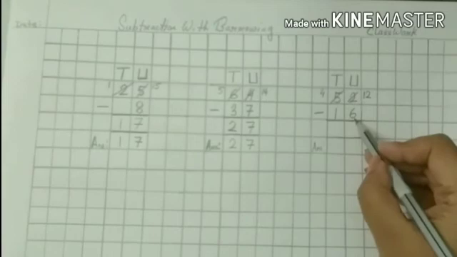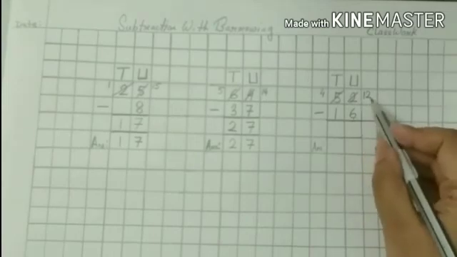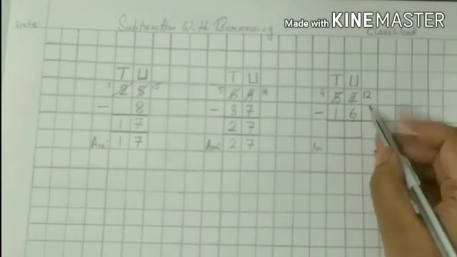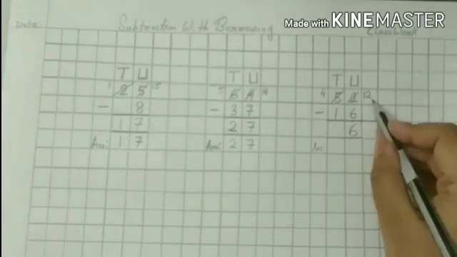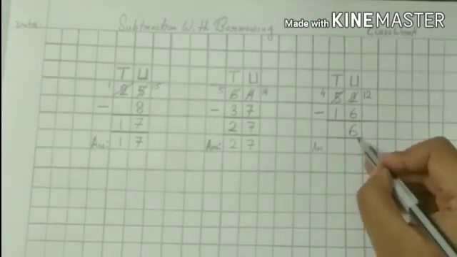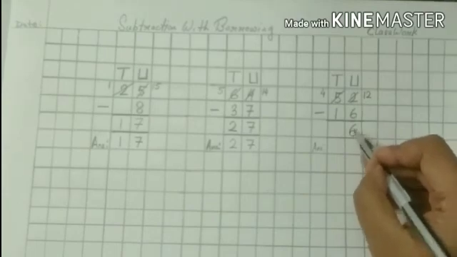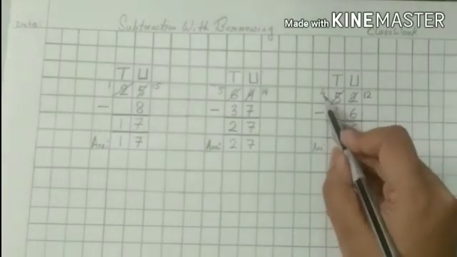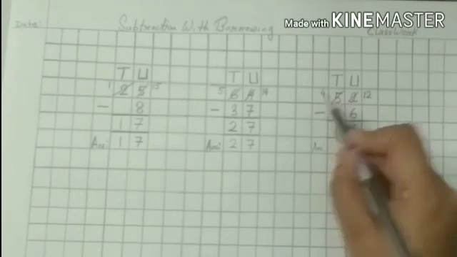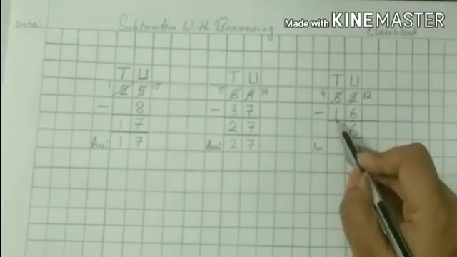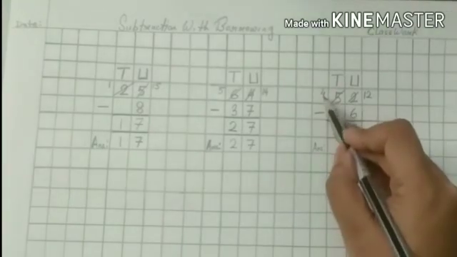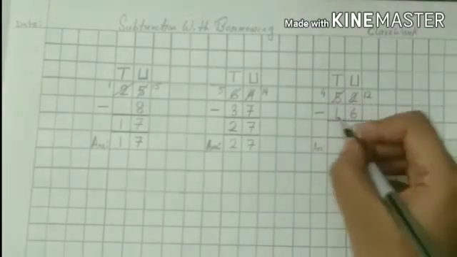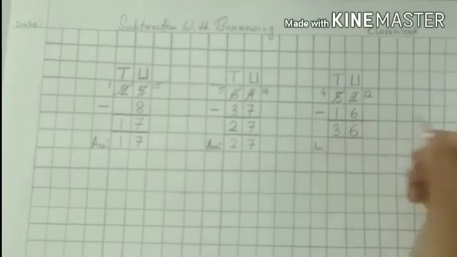So if I subtract 6 units from 12, then I will have 6. 12 minus 6 is 6. And here I have 4 tens, and 1 ten to subtract. So if I subtract 1 ten from 4 tens, the answer will be 3 tens.